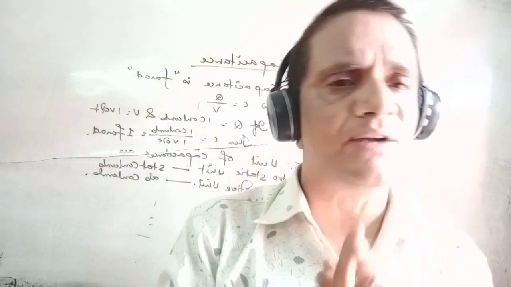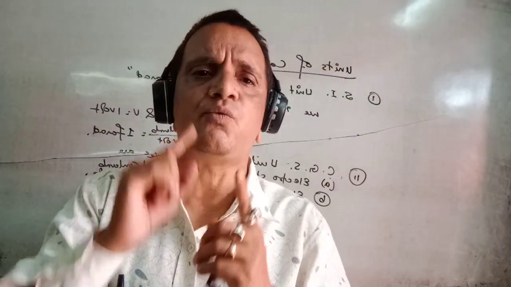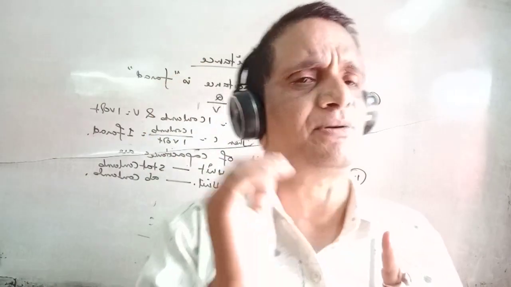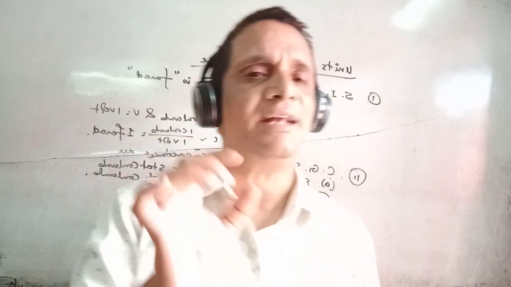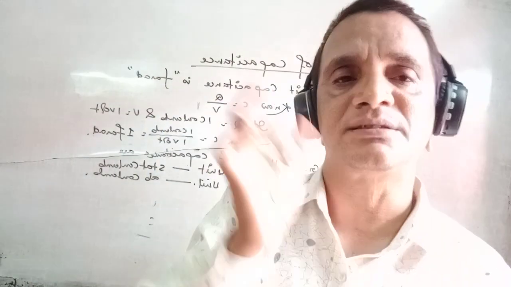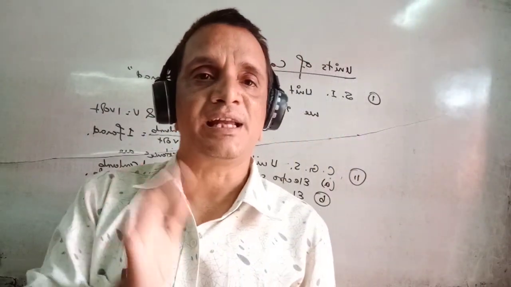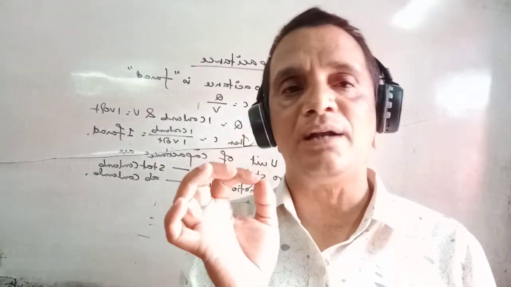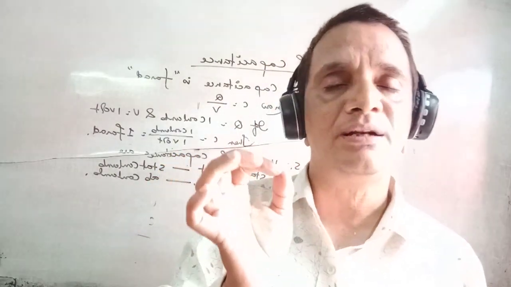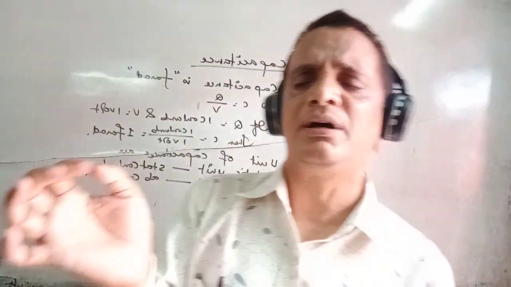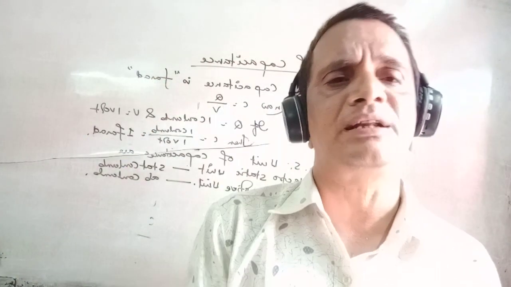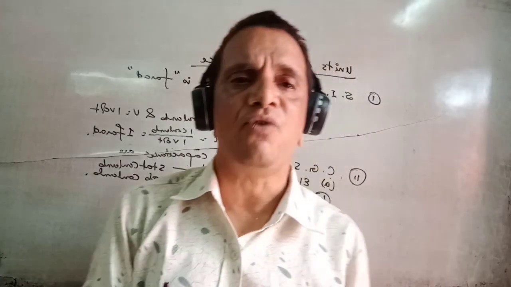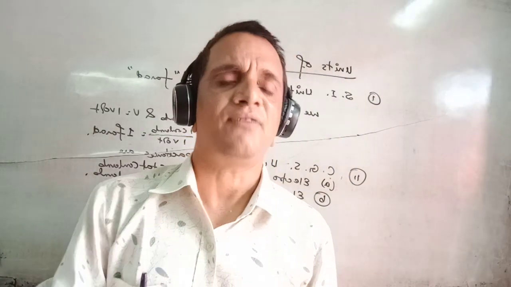Again I want to define it. How can you define the farad? If a charge of 1 coulomb is required to raise the potential through 1 volt, then the capacitance is said to be 1 farad. If a charge of 1 stat coulomb is required to raise the potential through 1 stat volt, then the capacitance is 1 stat farad.